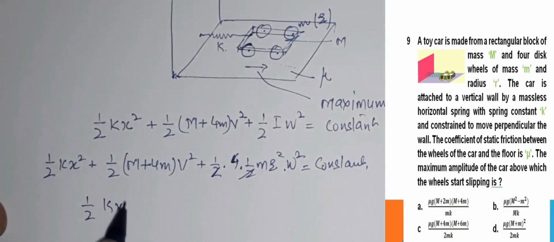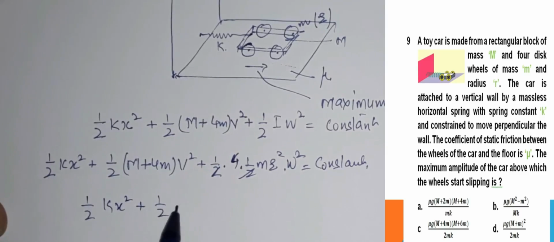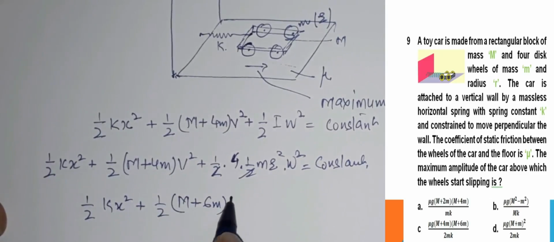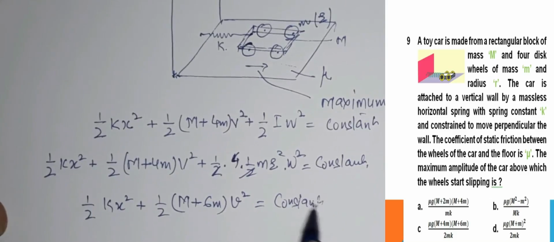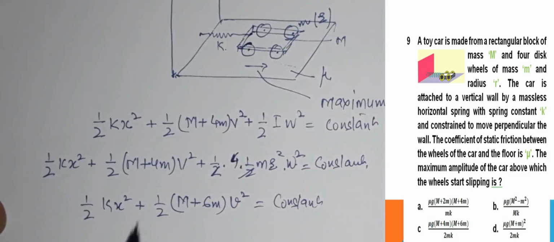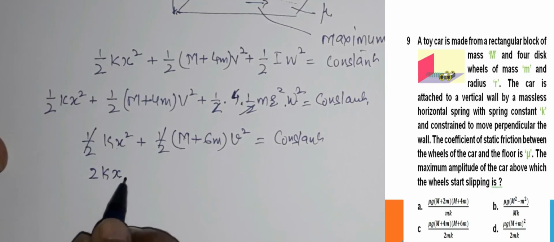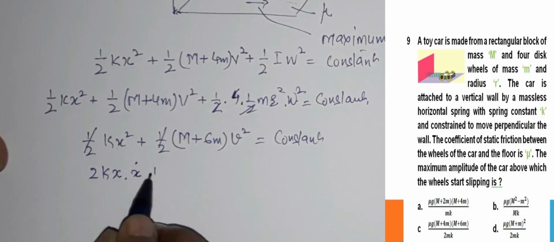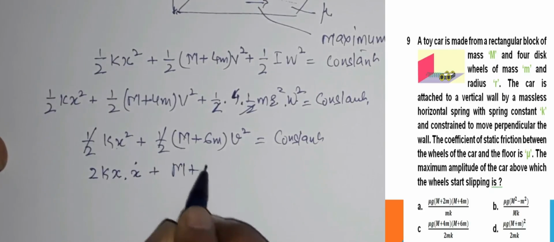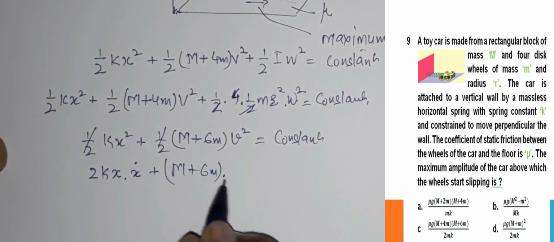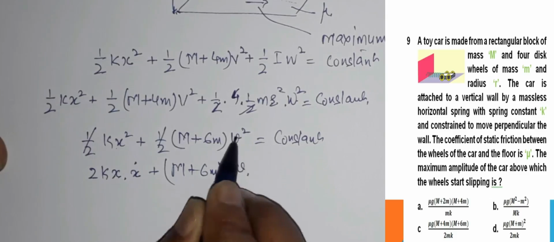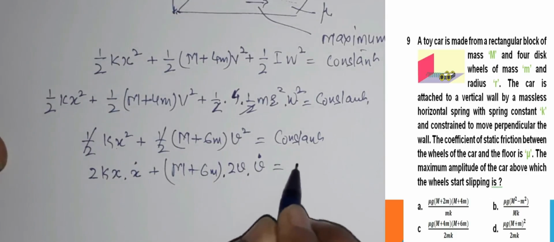Half kx square plus half m plus 6m v square equal to constant. Since r into omega is v, this can be cancelled. By taking the derivative of these two, you get 2kx into derivative of x plus m plus 6m, 2v into derivative of v equal to 0.